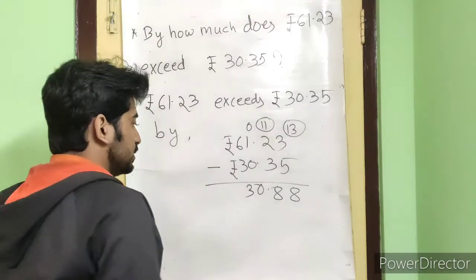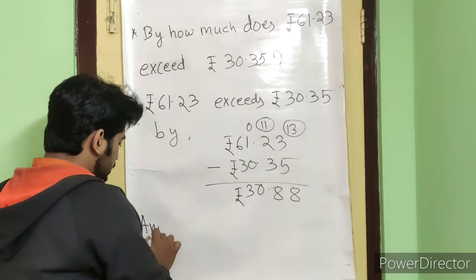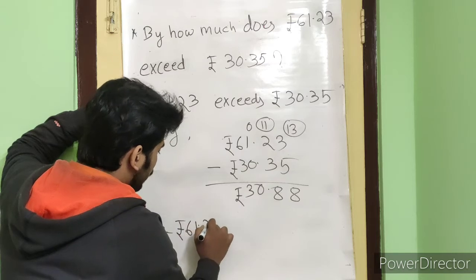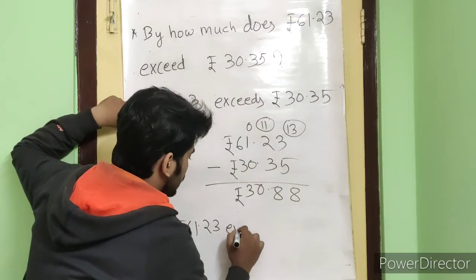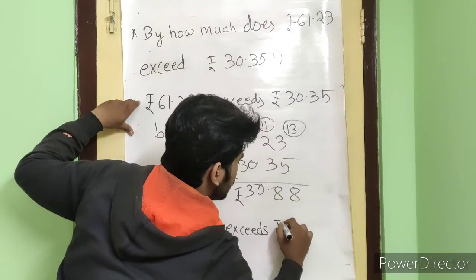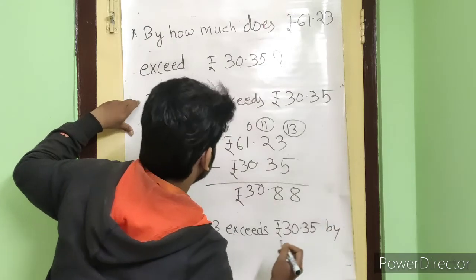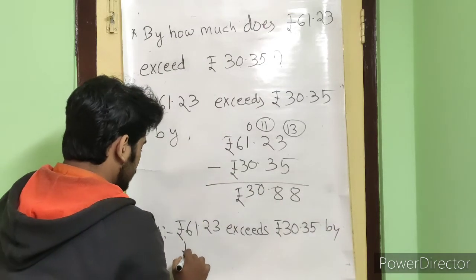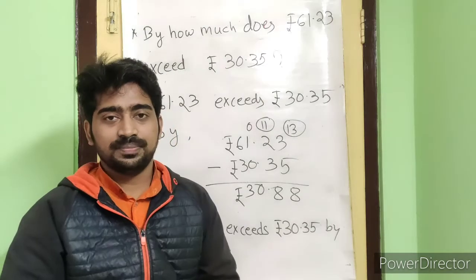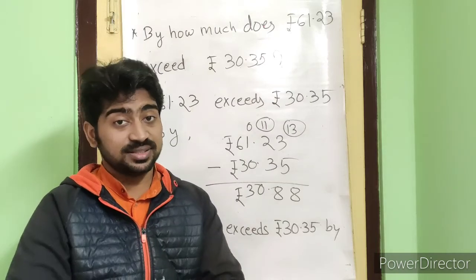So here is the answer, rupees symbol will be there. So answer, the same thing we will write again, rupees 61.23 exceeds rupees 30.35 by rupees 30.88. Finished.